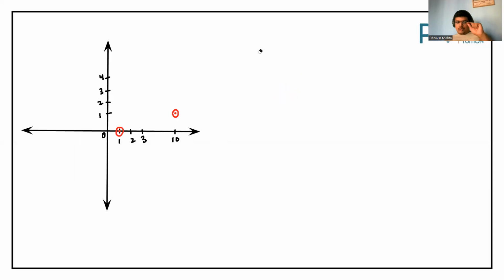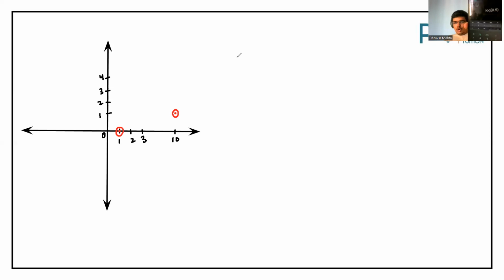Now what you have to understand is when the value of x is between 0 and 1, the answer of log is always negative. For example, let's take any value between 0 and 1, I'm taking 0.5.